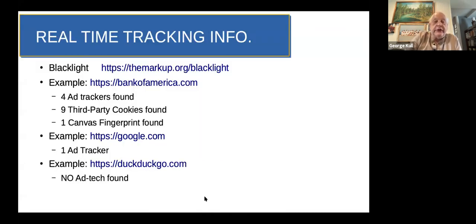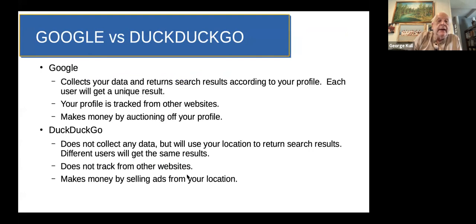As I mentioned, if you put in google.com, you get one ad tracker, and DuckDuckGo, you get 0 ad trackers. Just to give you what the differences are between Google and DuckDuckGo. Google basically collects your data and returns search results according to your profile.